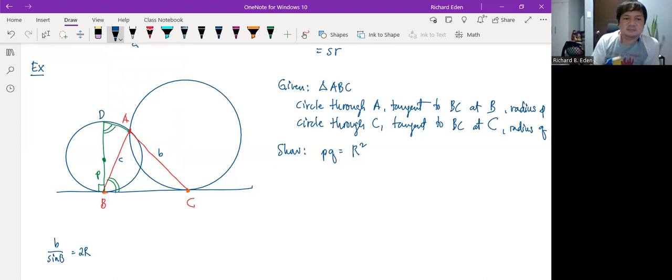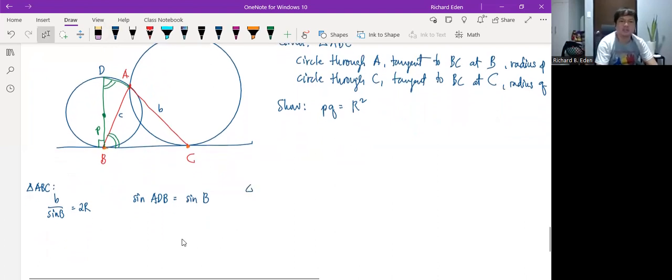Okay. So sine ADB equals the sine of angle B. In triangle ABC, using the extended law of sines, b over sine of B equals 2R.